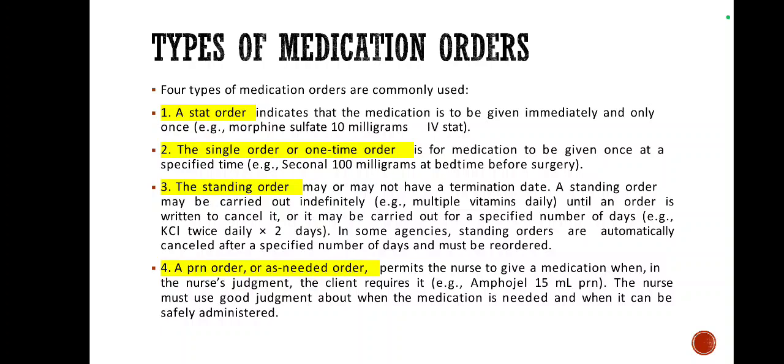The nurse must use good judgment about when the medication is needed and when it can be safely administered. So that is why we have to have a good and correct knowledge about certain medications, because a PRN or as needed order must be assessed properly by the nurse.